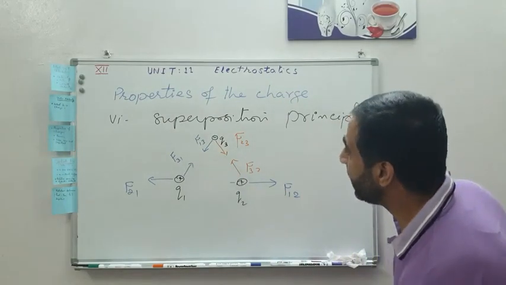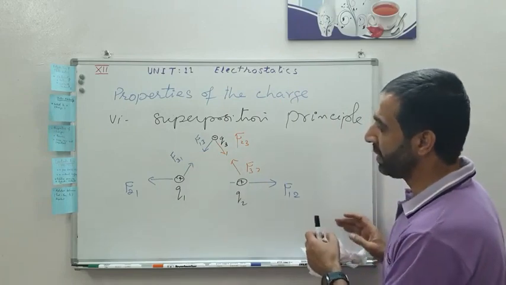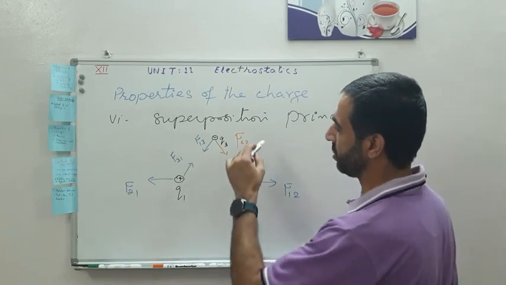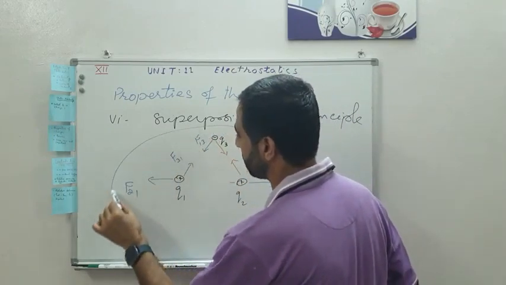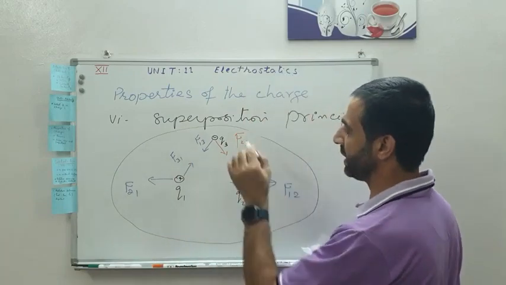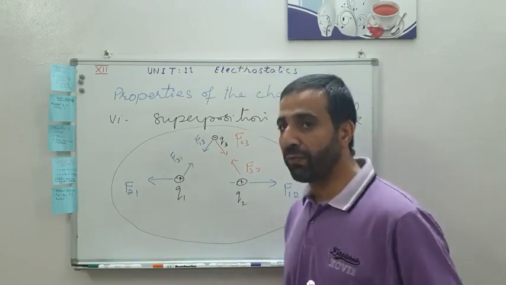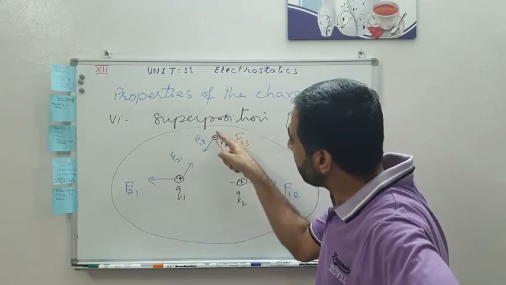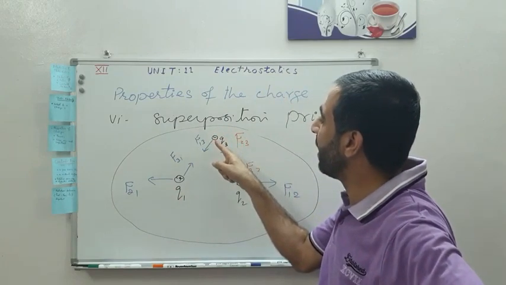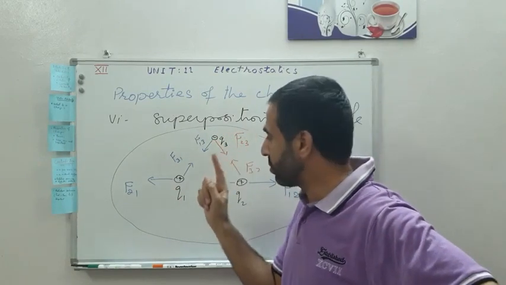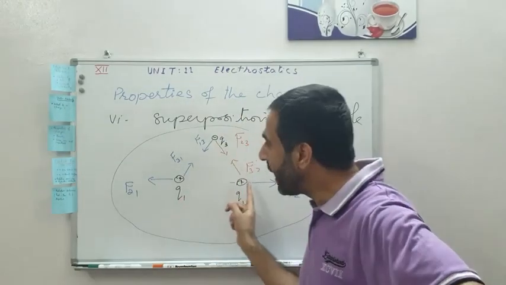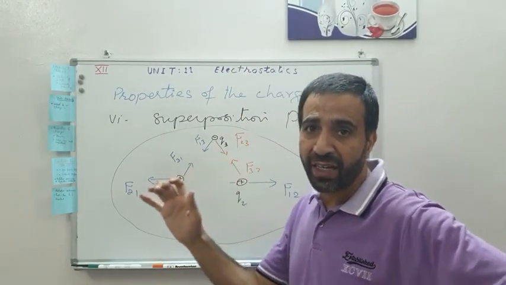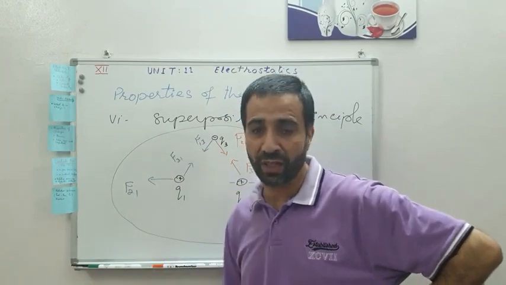However, the net force, the total or resultant force due to any combination, can be found. For example, we can find the net force on the charge Q3 due to the charges Q1 and Q2. We call that force the resultant force.